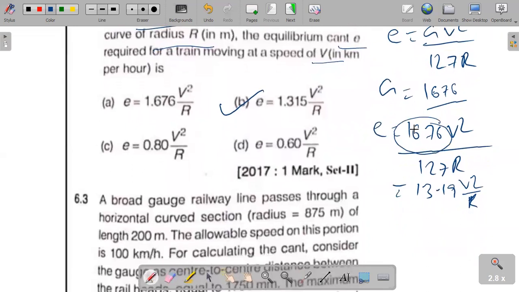Here we need to change some units to get the answer. This is also a GATE 2017 1 mark question, from Set 2.